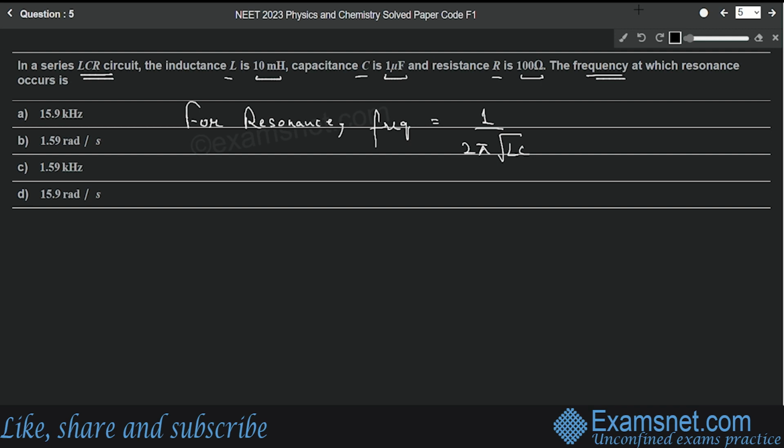L is 10 millihenry, so 10 into 10 to the power minus 3 henry. Capacitance is 1 microfarad, so 1 into 10 to the power minus 6 farad. The resistance R is 100 ohm.